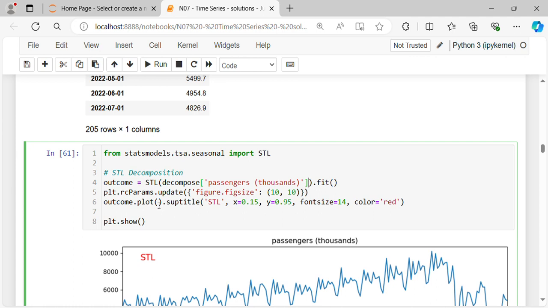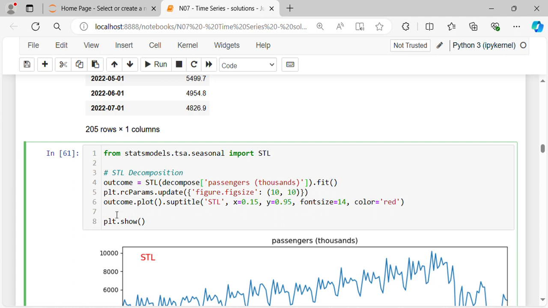plt.rcParams.update, and then we put curly braces to form the dictionary of parameters. figure.figsize is width equal 10, height equal 10.